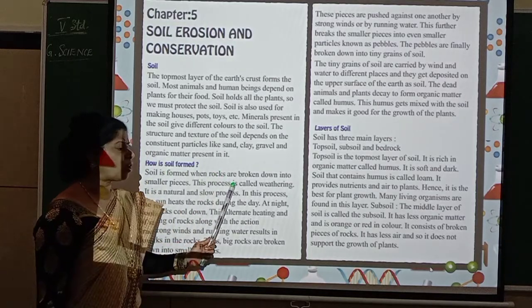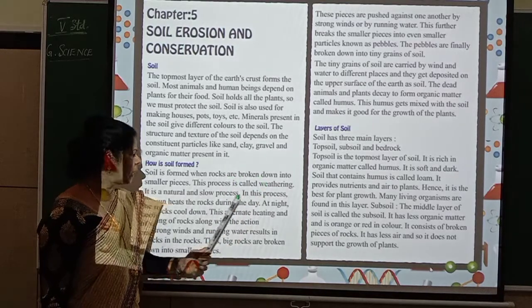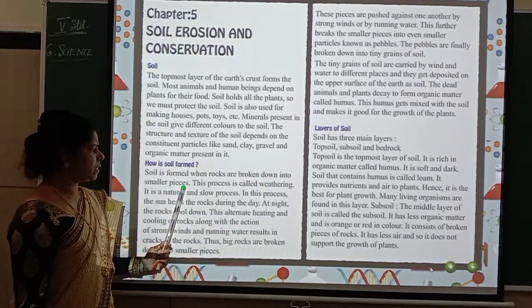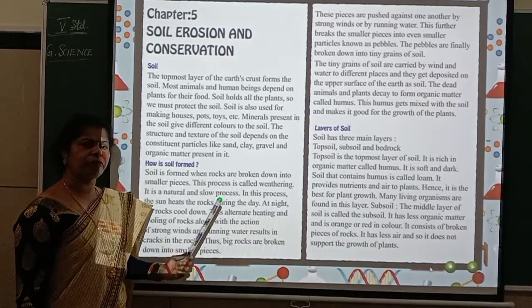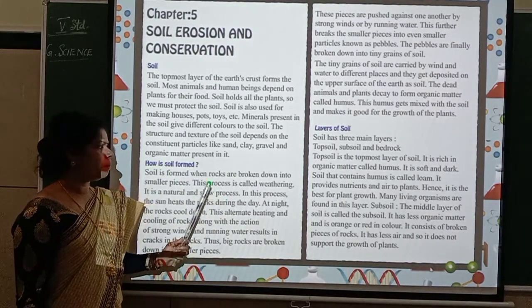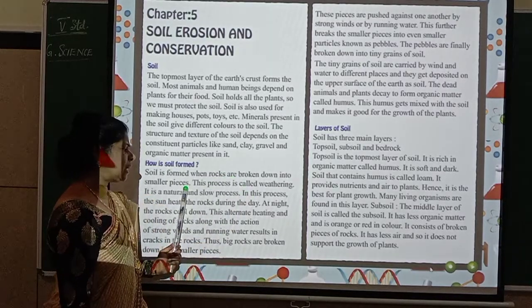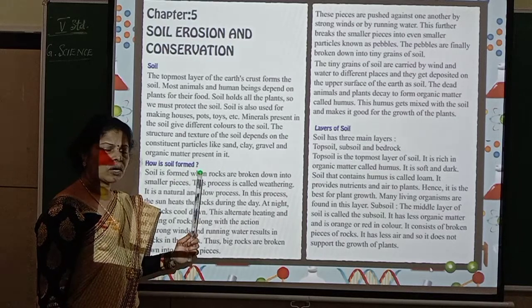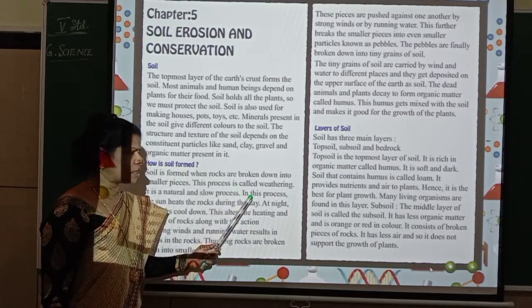Soil is formed when rocks, big stones, are broken down into smaller pieces. This process is called weathering of rocks. The process of breaking big rocks into small particles is called weathering of rocks.